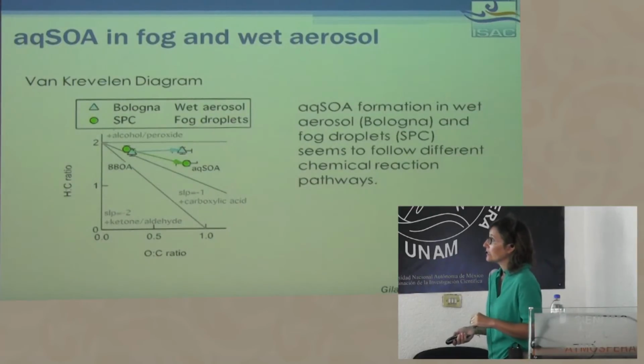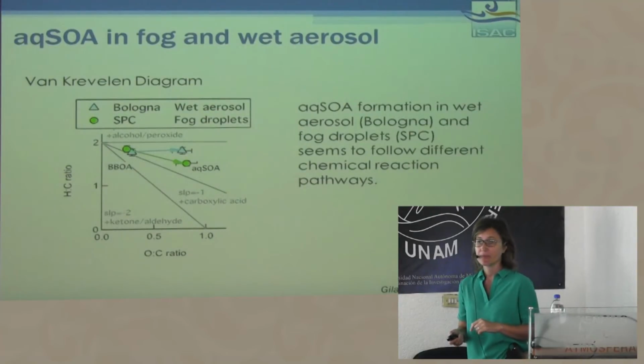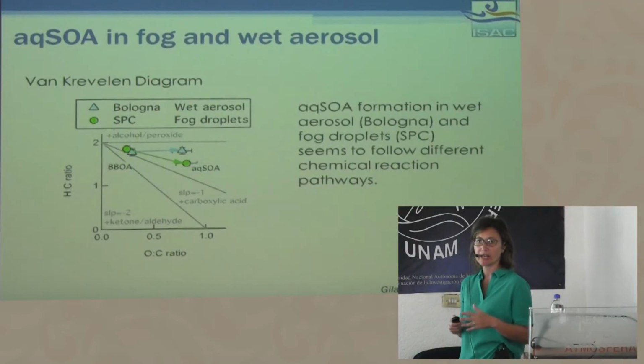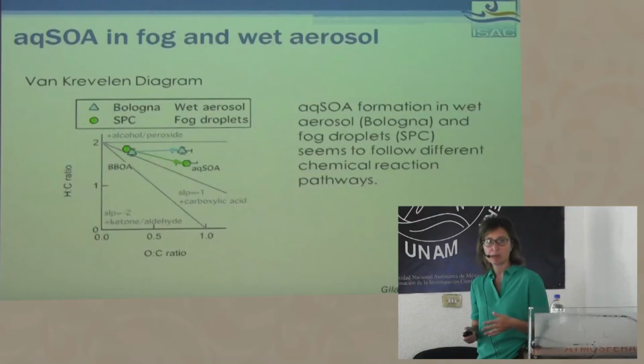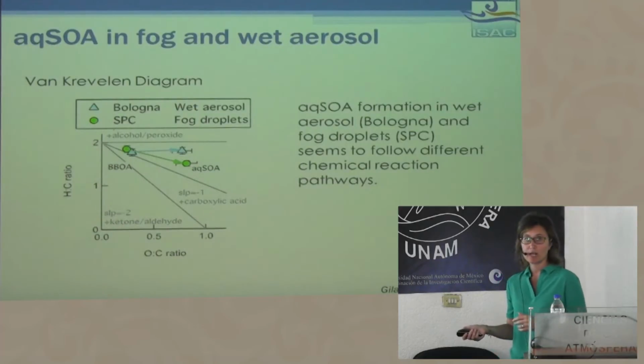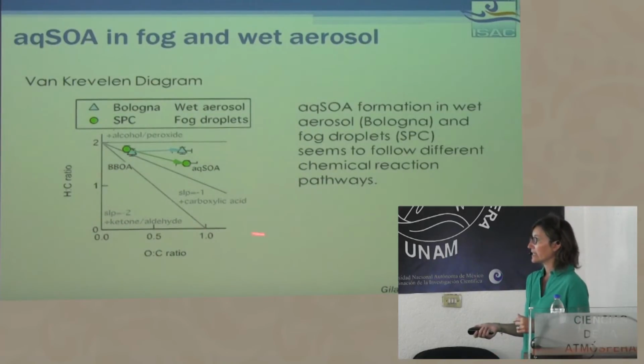To answer this, we use the van Krevelen diagram. The van Krevelen diagram is used to study the evolution of organic aerosol, both during field experiments but also laboratory experiments. And it reports on the y-axis the hydrogen to carbon ratio, and on the x-axis the oxygen to carbon ratio.